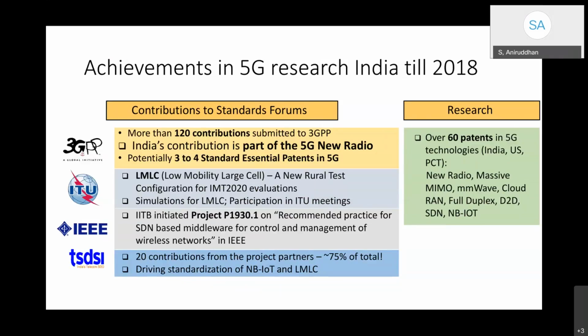It is going to be mandatory in India in both the sub-6 gigahertz and the millimeter wave bands. And in other parts of the world, it is going to be mandatory for the millimeter wave frequencies when both the mobile and the network are capable.